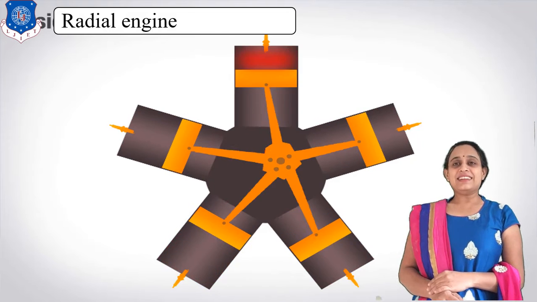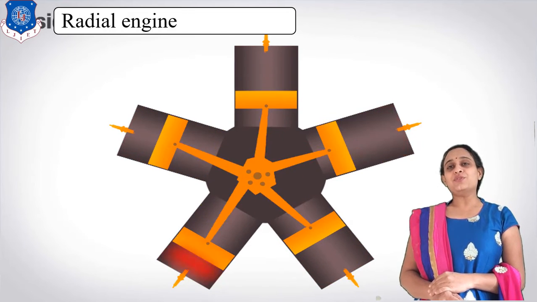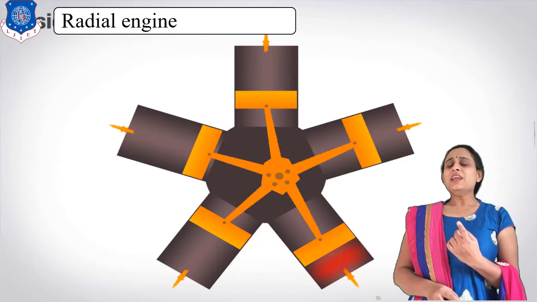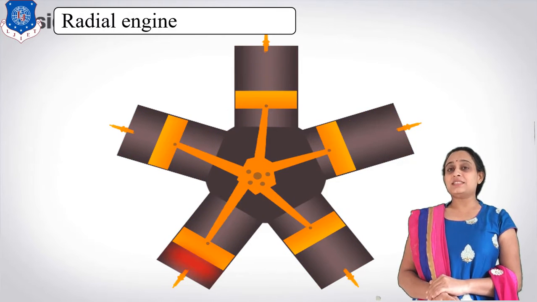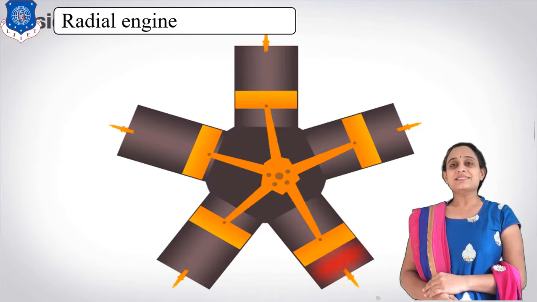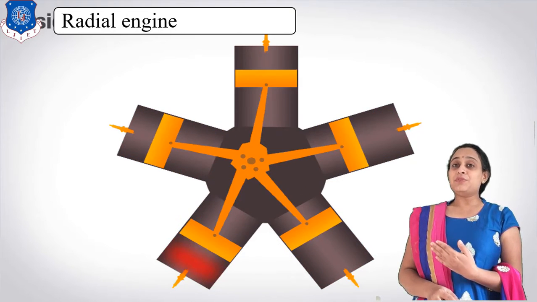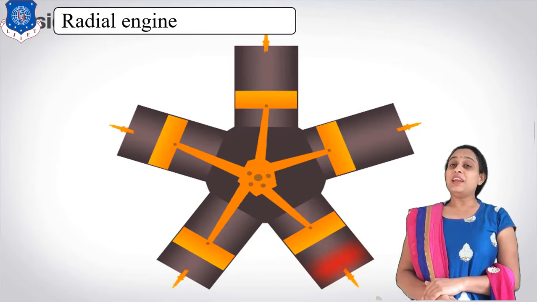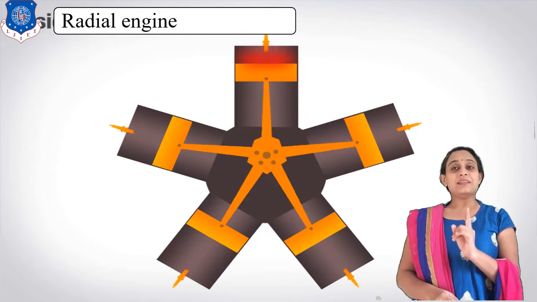It means the direct and reverse crank method is the mother of both of these engines, radial as well as V engine. In this case, it has different engines at particular angles. So if we want to use different engines at particular angles, we surely have to use this method.